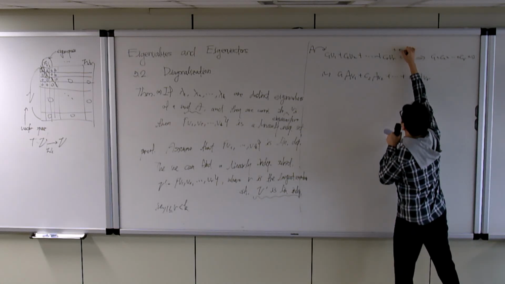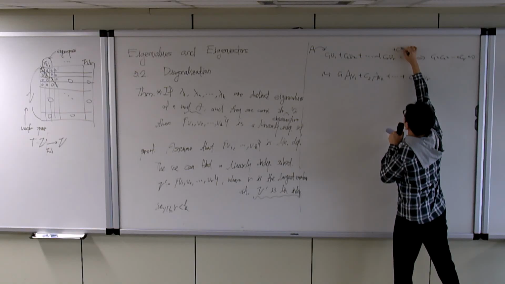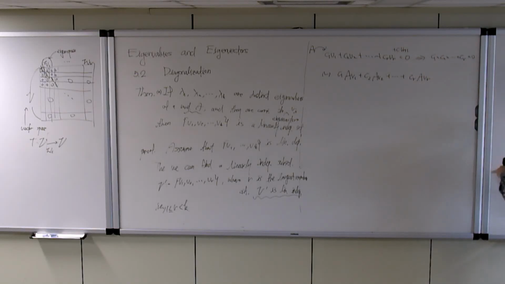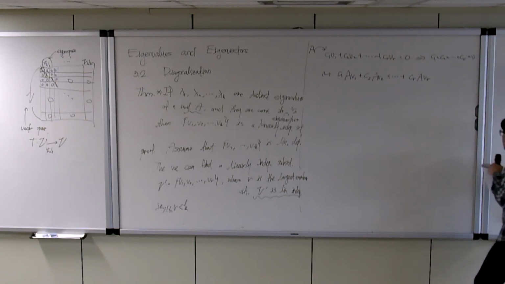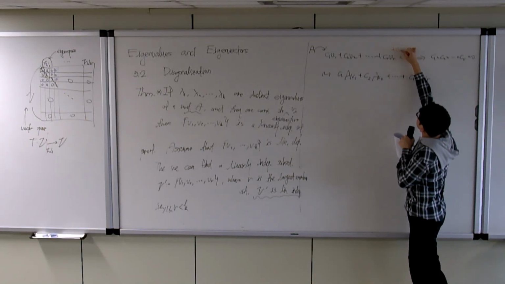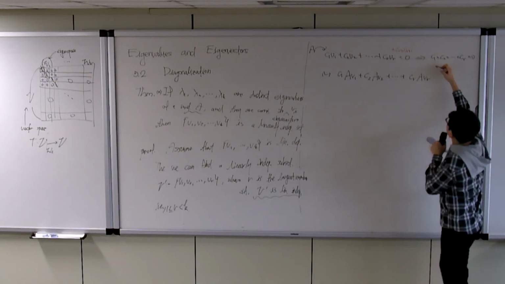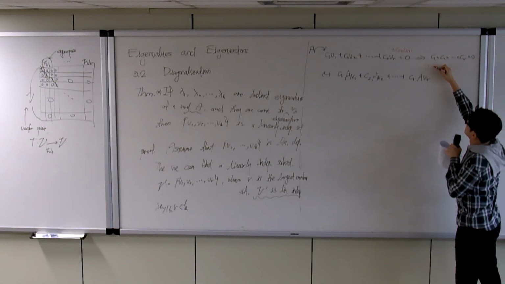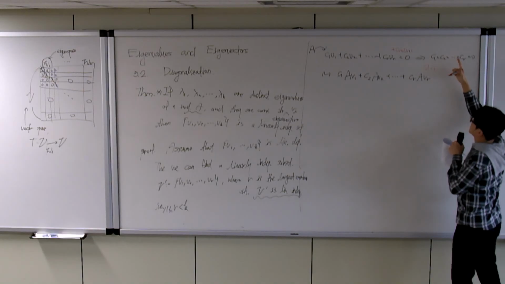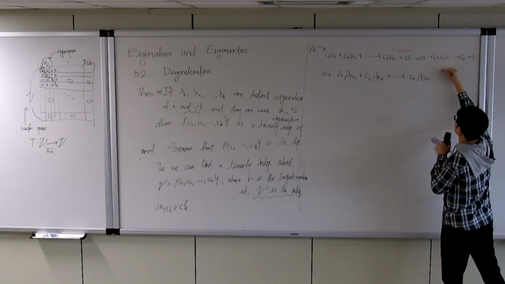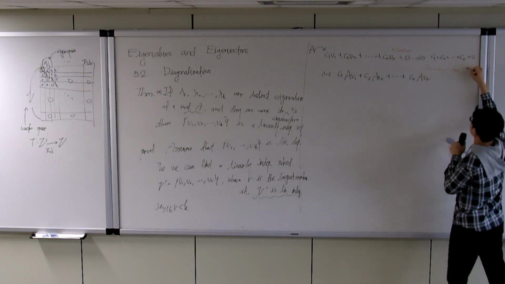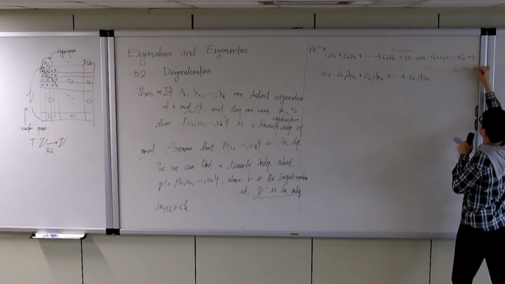From this equation, we will get one more equation by multiplying by lambda(r+1): c1 lambda(r+1) v1 plus c2 lambda(r+1) v2 plus ... plus cr lambda(r+1) vr plus c(r+1) lambda(r+1) v(r+1) is also 0.